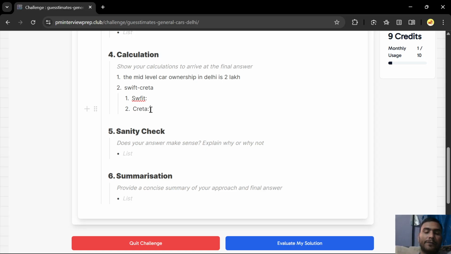So Creta has, let's say, 70% of the market segment in the mid-level car, and let's say Swift has 30%.